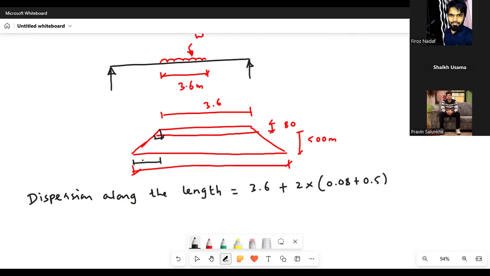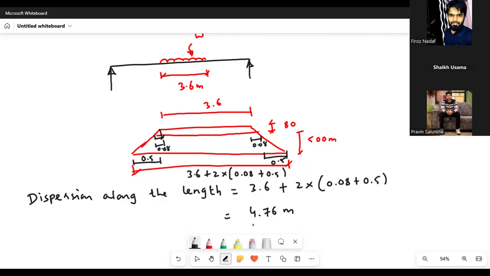Even this length is 0.5 and this is 0.08. Here also, this is 0.08 and this is 0.5. So the total dispersion length is 3.6 plus 2 into 0.08 plus 0.5, because on both sides you have 0.08 and 0.5. So this is the dispersion length that you are getting, 4.76 meter, along the length of the bridge.